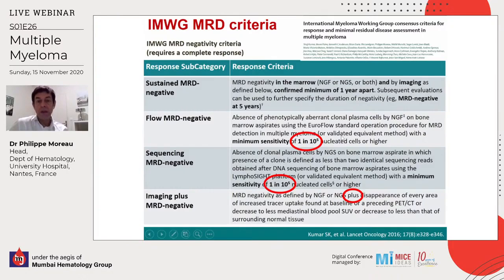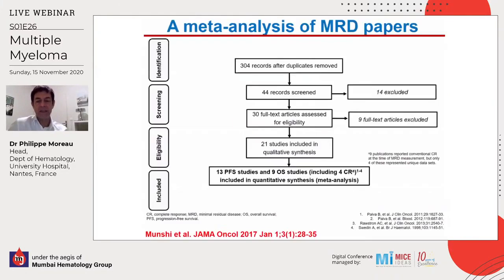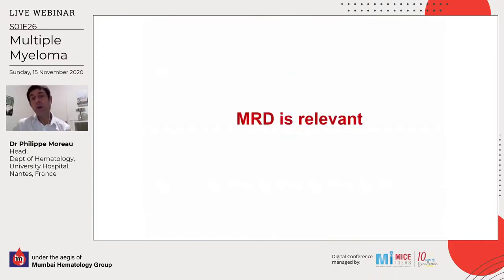So we now have these new definitions available, but flow MRD negativity, sequencing MRD negativity, and imaging MRD negativity all require a CR. So only patients in CR can be assessed according to this paper with flow, NGS, or PET-CT. And we know that definitely MRD is relevant.